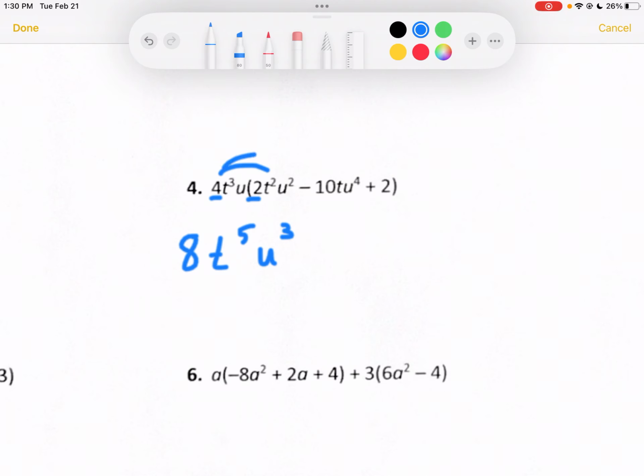Now do it all over again, times negative 10. 4 times negative 10 is negative 40. T to the third times t to the first makes t to the fourth. U to the first times u to the fourth makes u to the fifth.